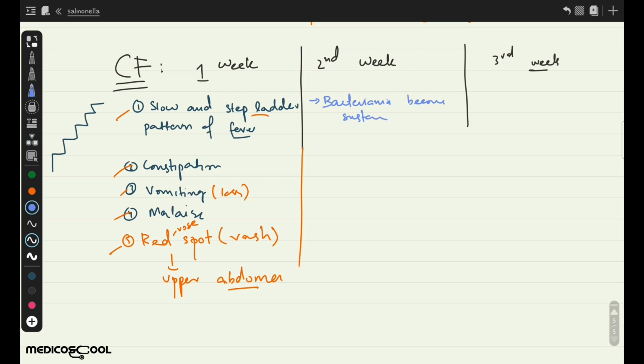and it is characterized by signs and symptoms like high fever, tachycardia, and a tender abdomen.